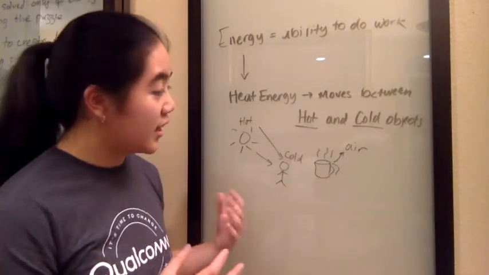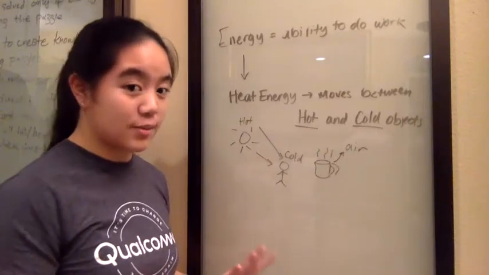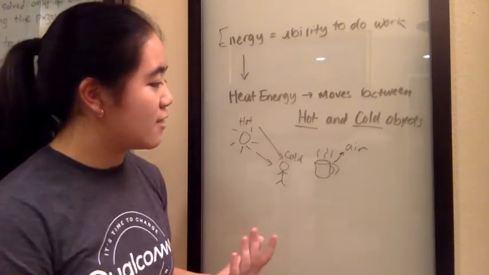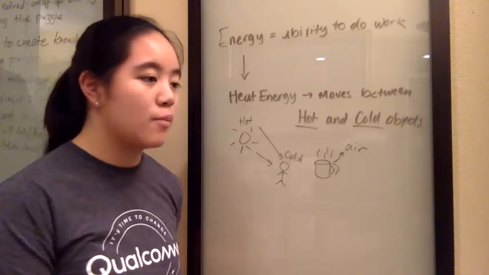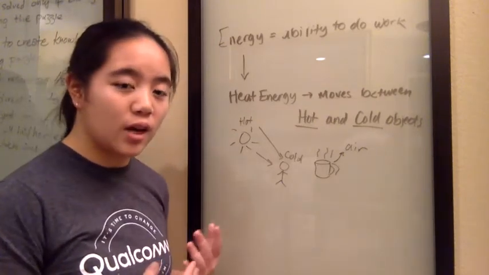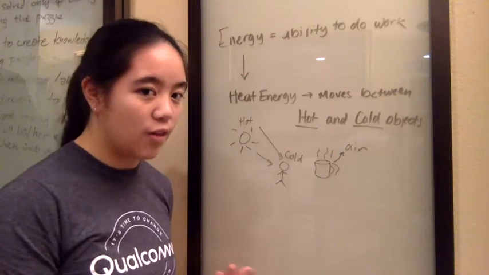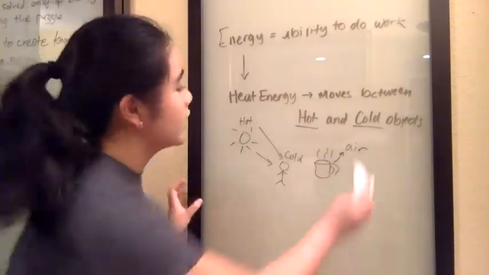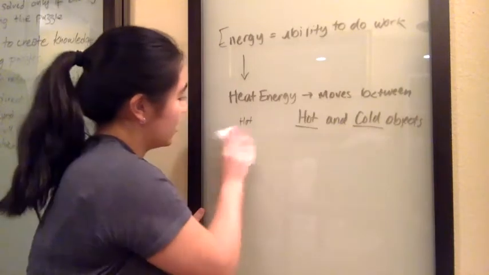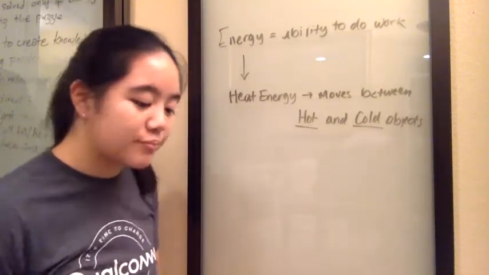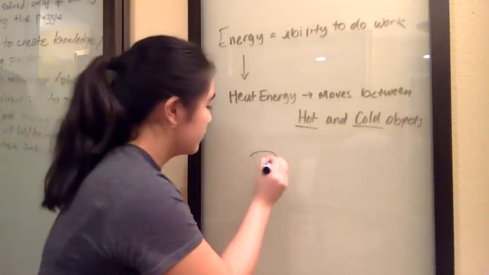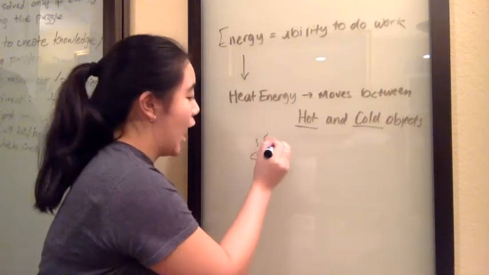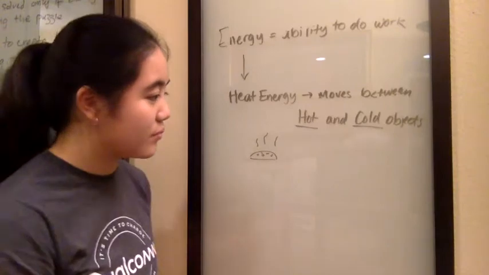So heat likes to move between objects at different temperatures, like we said earlier. But why is it that some objects get a lot hotter quicker than others? Say you're baking cookies, and you need to take the cookies out of the oven.